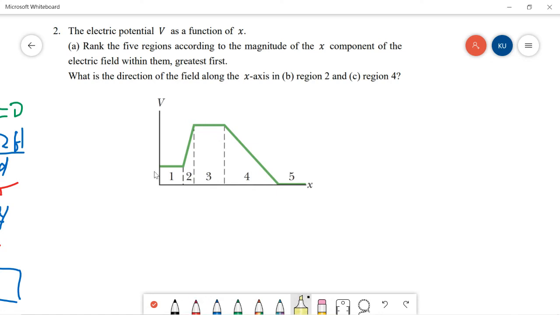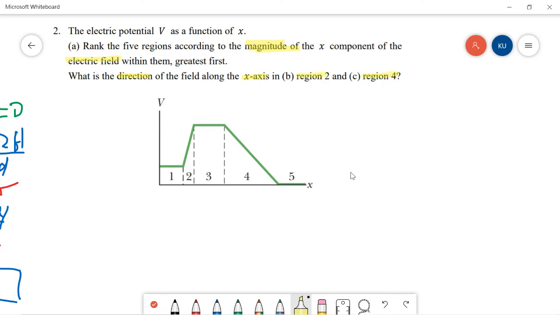So actually, you need to rank the magnitude of the electric field by this figure. And it asks you about the direction of the field along the x-axis in regions 2 and 4.